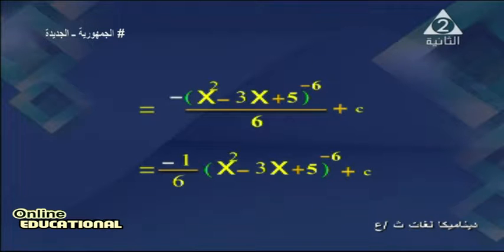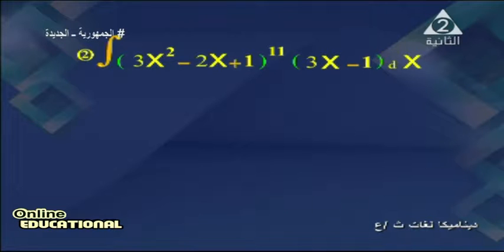Number 2, the integration of the bracket (3x^2 - 2x + 1) to the power 11 multiplied by (3x - 1) dx. Now we have a bracket 3x^2 - 2x + 1, the expression inside the bracket of the second degree. If we differentiate this expression, we get 6x - 2.